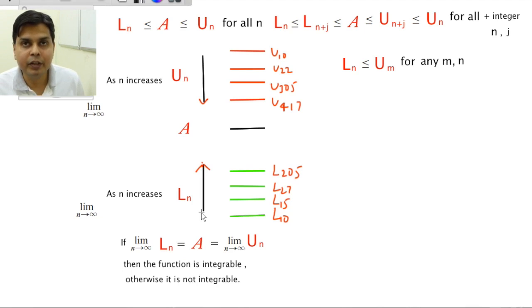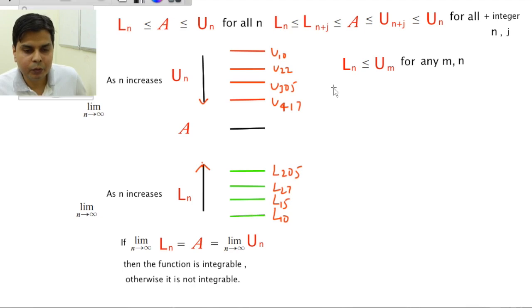There may be some weird kinds of functions in which this equality, Ln equal to a equal to Un, does not hold, and those are non-integrable functions. But at our level, most of the functions we will be dealing with are integrable. Ultimately their Ln will tend to a, their Un will tend to a. So this is the definition of whether a function is integrable or not.